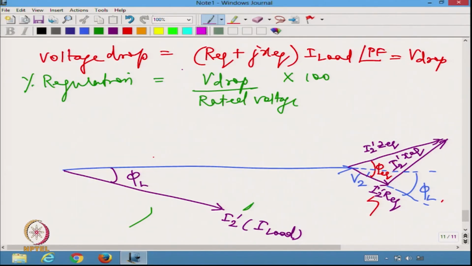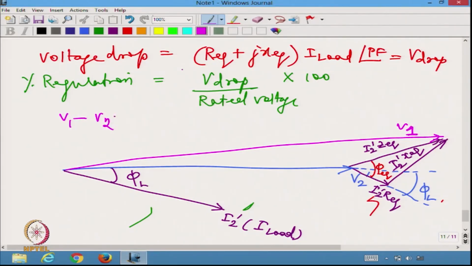Now, when I add this I2 dash Z equivalent to that of V2, I will get the overall voltage, which is actually V1. Of course, I have drawn the whole thing in the exaggerated fashion. Now, I can say V1 minus V2 dash will be equal to I2 dash Z equivalent. So, this is what is the voltage drop.